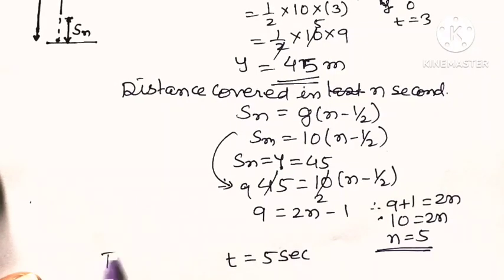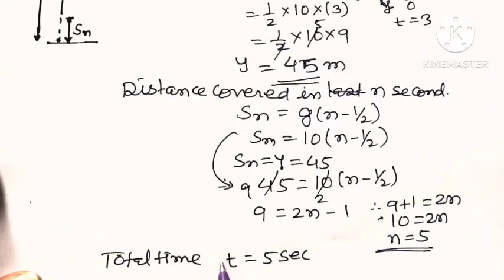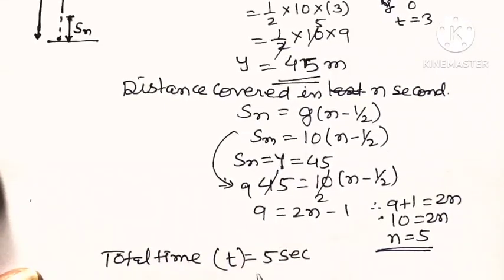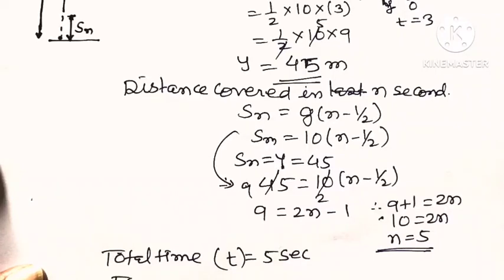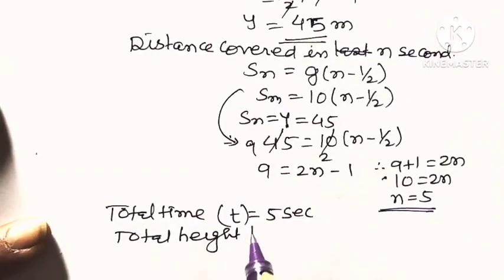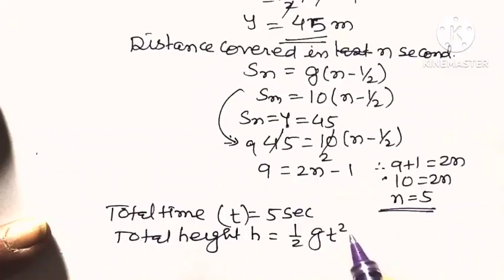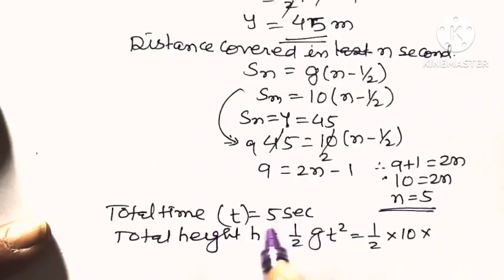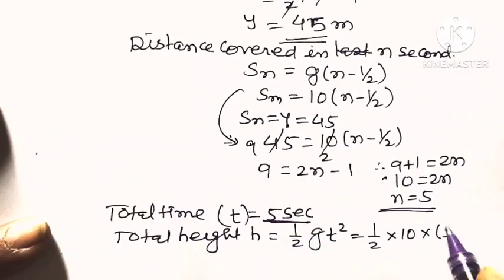So total time t is equal to 5 seconds. So total height h, we want to find out the height. So total height h is equal to half gt square, that is equal to half of g, which is 10, and the total time here is 5 seconds, so it is 5 square.